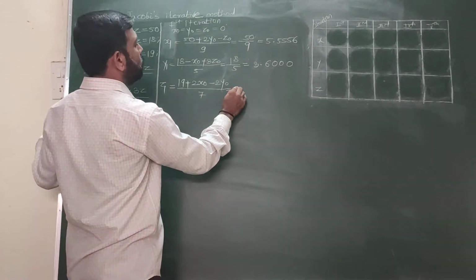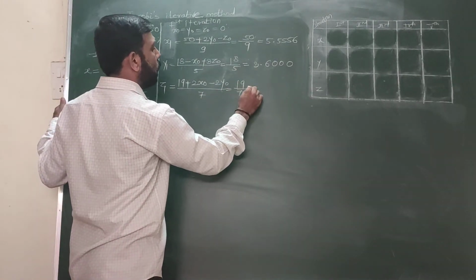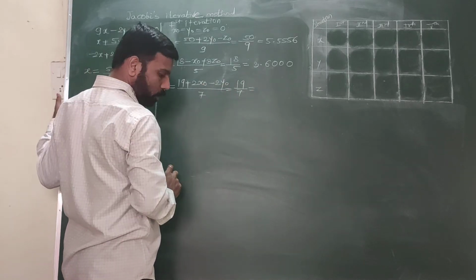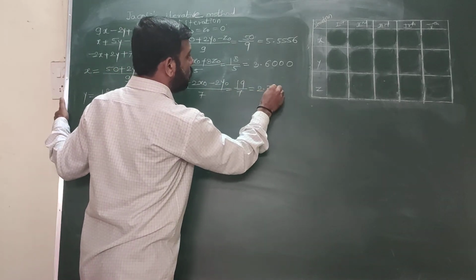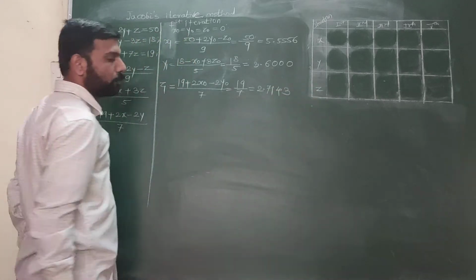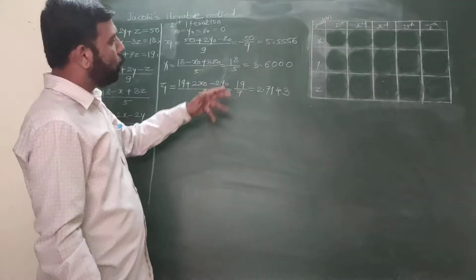In that it becomes 19 divided by 7, since these two values are 0, which gives 2.7143. So this is our first iteration.